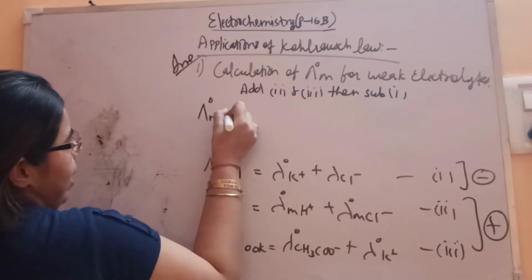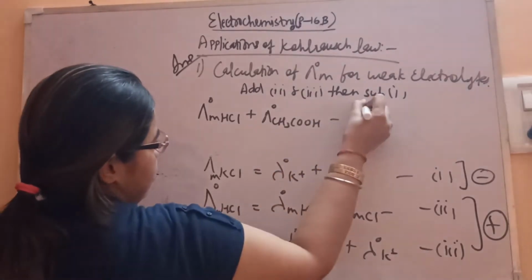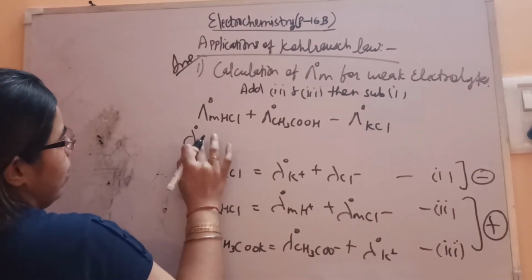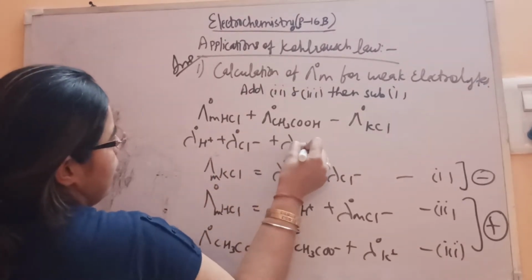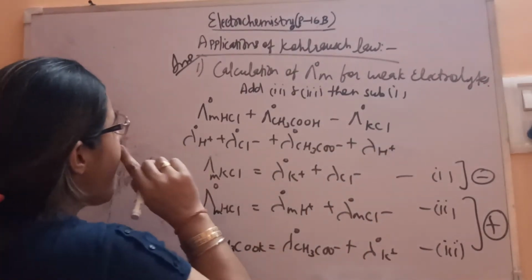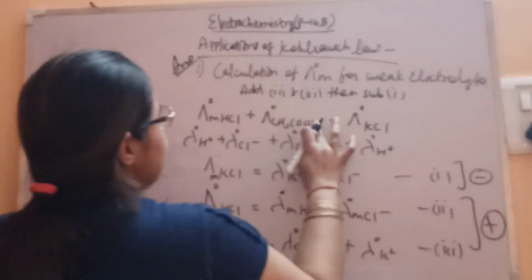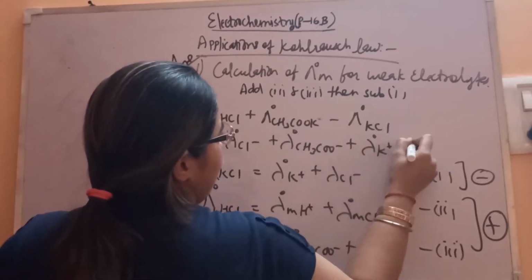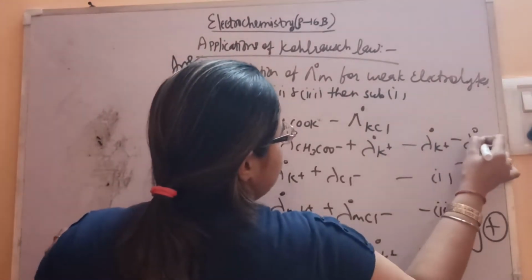You have to add this one, HCl, plus CH3COOK, and subtract this one, KCl. So H positive plus Cl minus plus CH3COO minus plus K positive, minus K positive minus Cl minus.